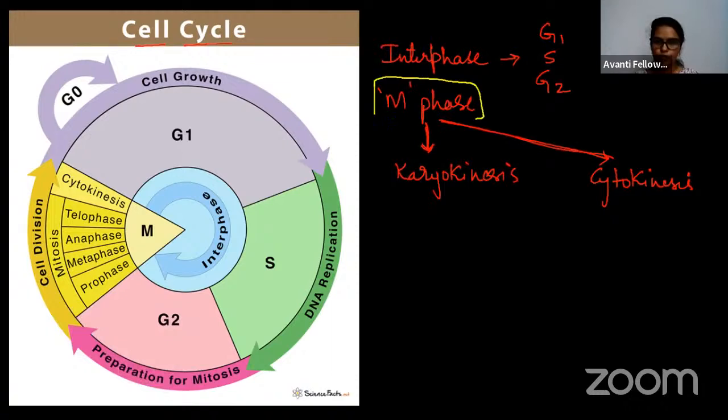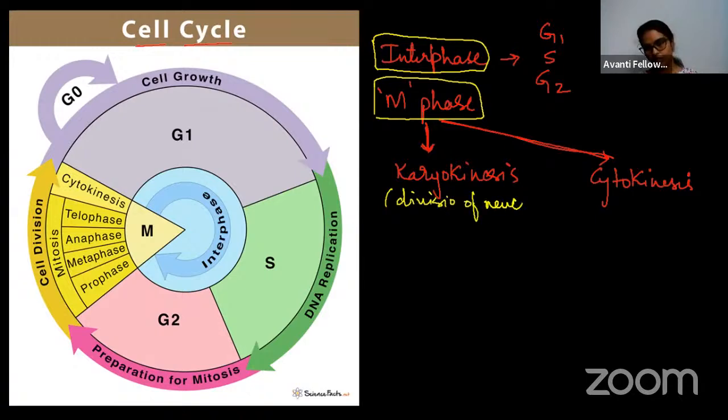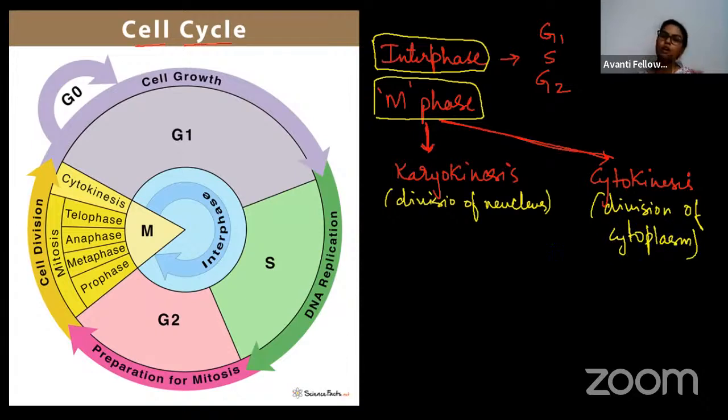M phase में दो है phases, that is karyokinesis and cytokinesis. Now, what is karyokinesis? Here, division of nucleus will occur. Okay, so division of nucleus, or we can say the nuclear matter. So here, division of cell. Okay, so the division of cytoplasm. So first क्या होगा? First karyokinesis होगा, उसके बाद cytokinesis होगा.